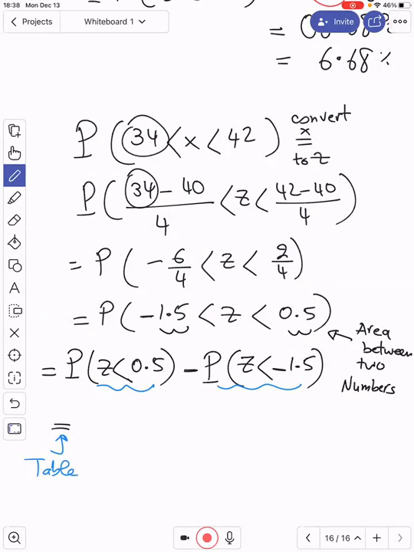So for 0.5, nearest tenth would be 0.5. Nearest hundredth, well, you can add 0 here, because 0.50 is the same as 0.5. So nearest hundredth would be just 0.00.